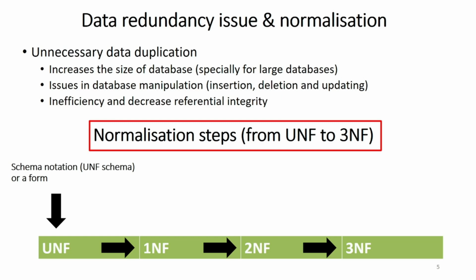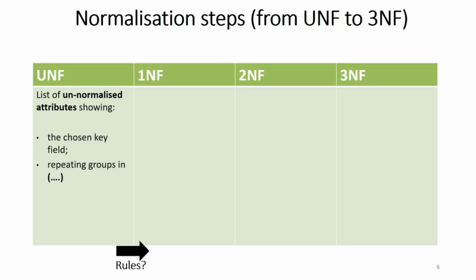So we're going to practice now the question that I gave you as a quiz. We are starting with a schema notation or unnormalized form schema or a form. This can be converted with a few changes to UNF, and then by applying some rules to 1NF, and then second normal form, and finally third normal form.